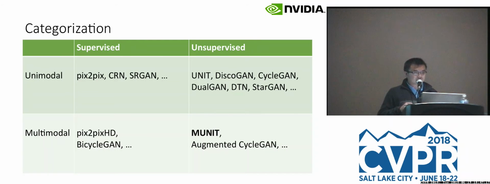For the unsupervised, there are many works, including my UNIT, DiscoGAN, CycleGAN, DualGAN, domain transfer network, StarGAN. For the multimodal supervised setting, there's pix2pixHD and BicycleGAN. And the topic of today is unsupervised and multimodal. There's UNIT, and there's a recent work called Augmented CycleGAN.